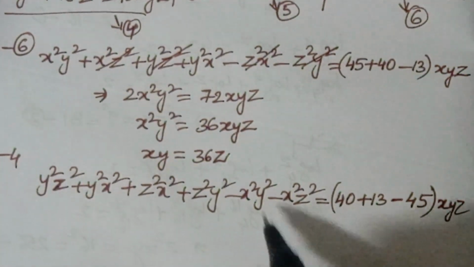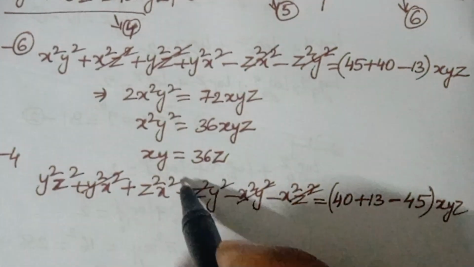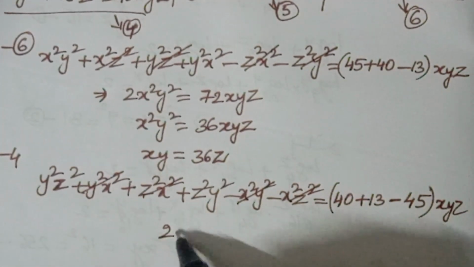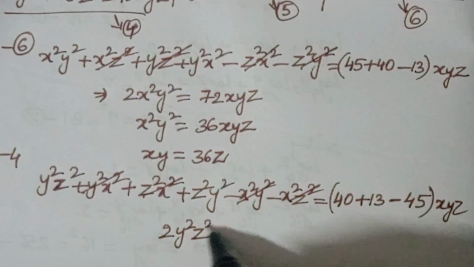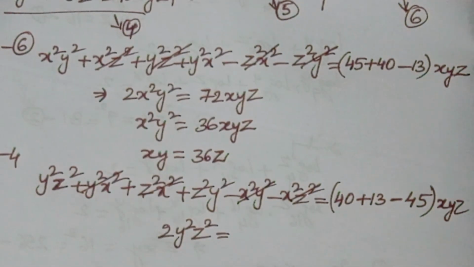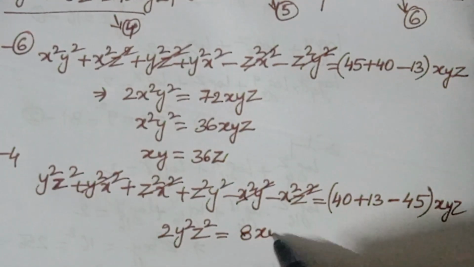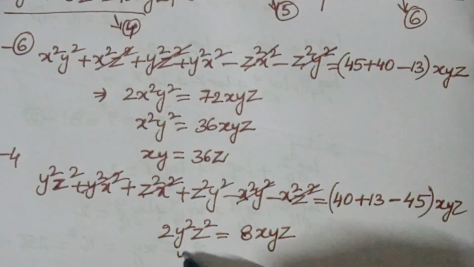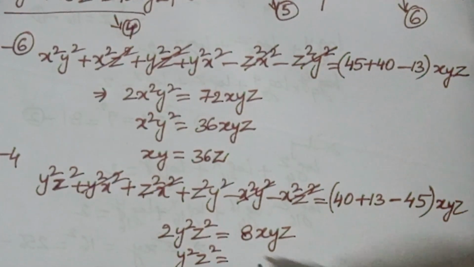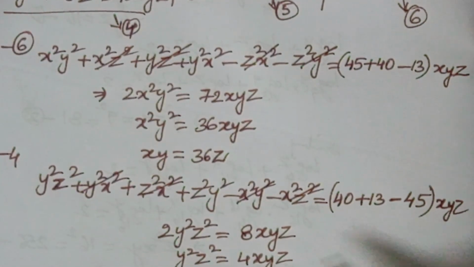Here x square y square and x square z square cancel. 2y square z square is equal to 53 minus 45, that is 8xyz. So y square z square is equal to 4xyz, and yz is equal to 4x.